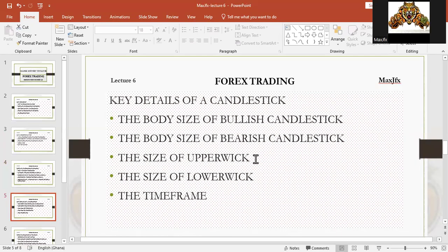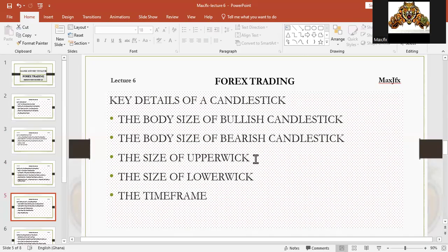So we have the key details of a candlestick. As I mentioned, the key details are the body size of a bullish candlestick, the body size of a bearish candlestick, the size of the upper wick, the size of the lower wick, and also the time frame. A bullish candlestick means a green candle.